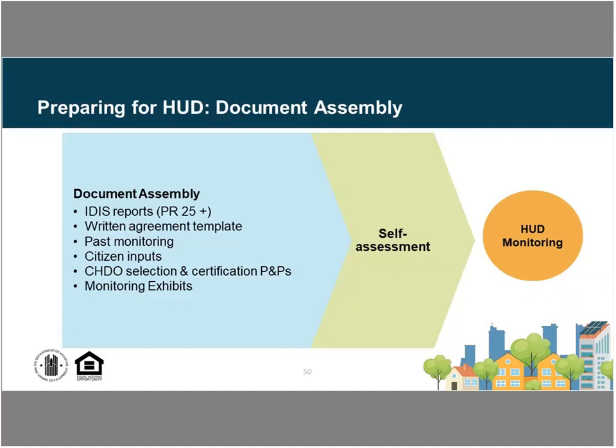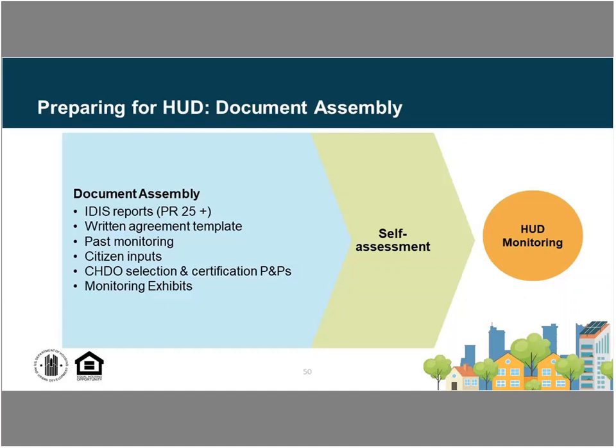Thinking about past monitoring, issues that HUD has identified in the past, they are also likely to revisit to make sure that those corrective actions have been successful. Also looking at things like citizen input, the process that you've utilized for your CHDO selection, and also that certification. And specifically, we've been talking about our policies and procedures, how all of that is laid out so that you have an adequate process in place.